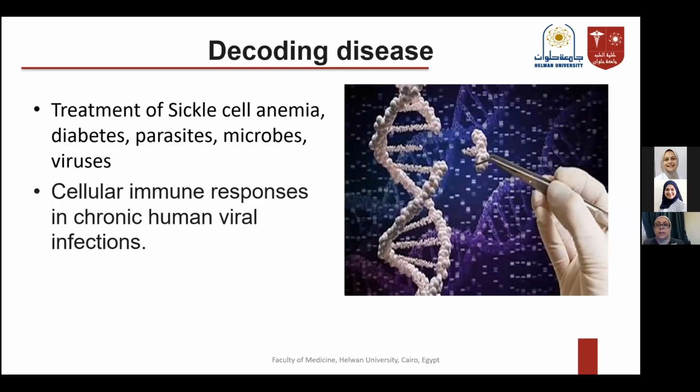It can be used in eradication of microbes and viruses as well. Okay, so decoding of disease does not mean that I should work on humans only. We can eradicate parasites, microbes, and viruses through decoding mechanisms. We can also modulate or change the cellular immune responses in chronic human viral infections such as HIV.